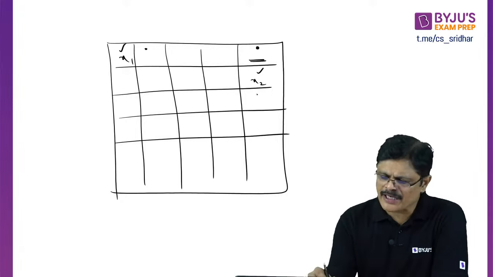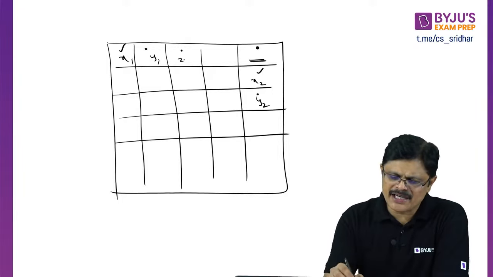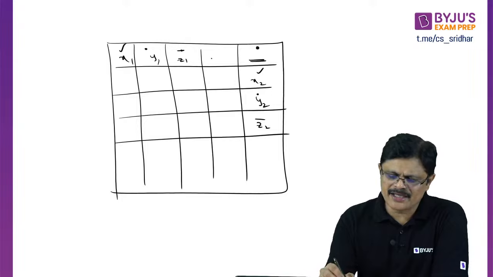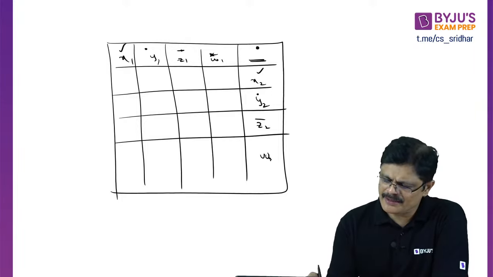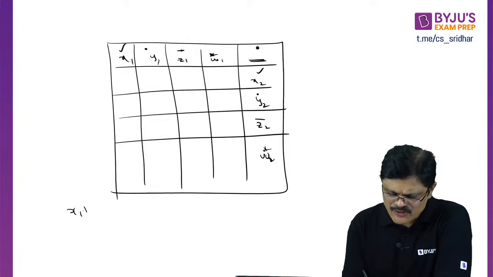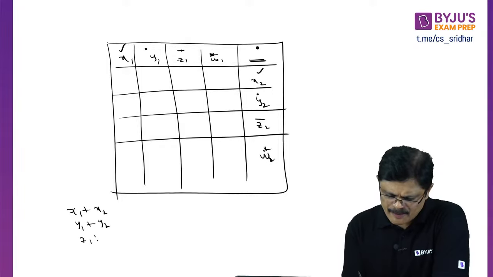Next these two fellows are added, y1 and y2. Next z1, z2 are added, and next w1, w2 are added. So now it is x1 plus x2, y1 plus y2, z1 plus z2, and the last one is w1 plus w2.